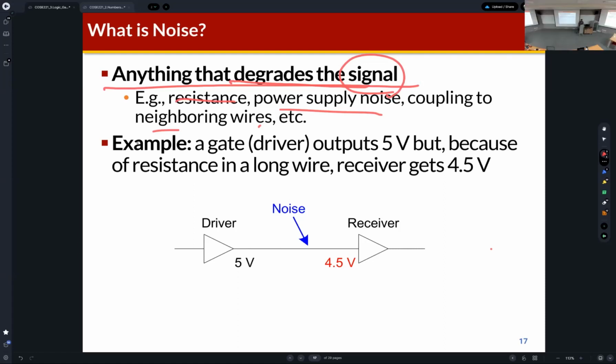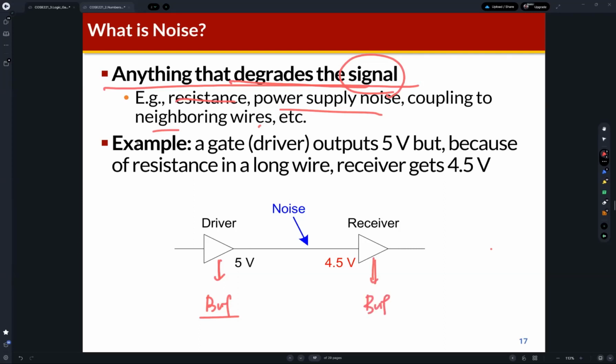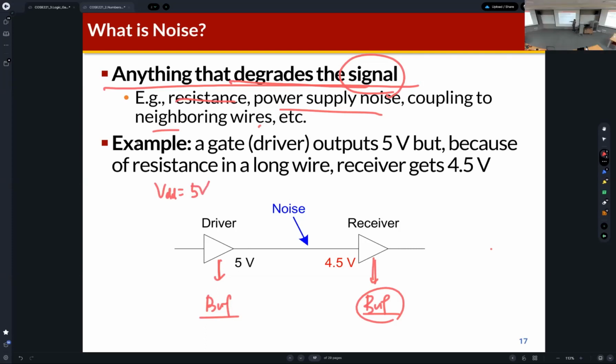So this is the example. What is this symbol? It's a buffer, and you can also find a buffer here. Let us assume that VDD is 5 volt. This is the digital circuit, and in the digital circuit the output swings between 0 and VDD, so the output signal has a 0 to 5 volt value.